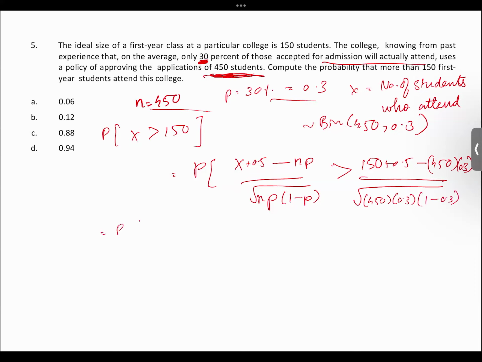So you'll have P of Z greater than 150.5 minus 450 into 0.3, which is 135, divided by the square root of np(1-p), which is the square root of 94.5.